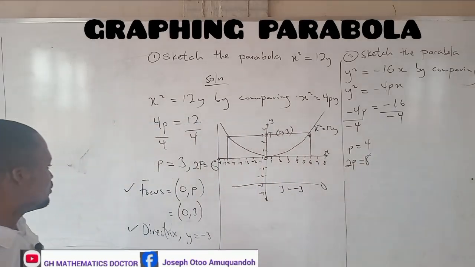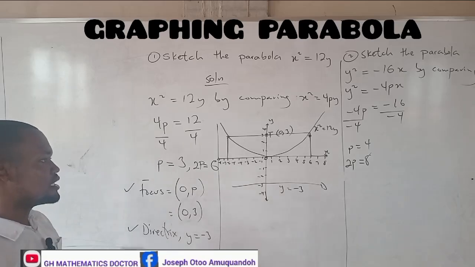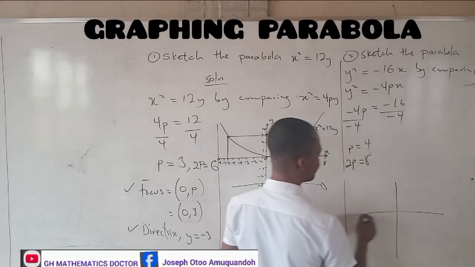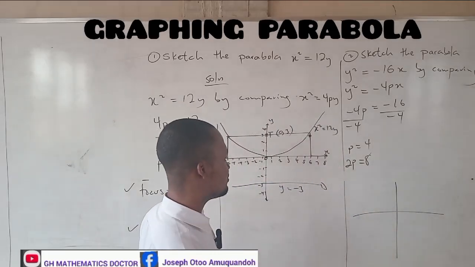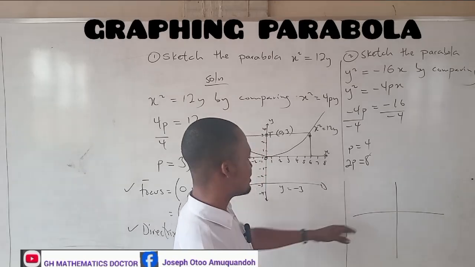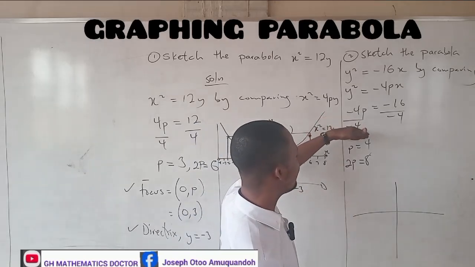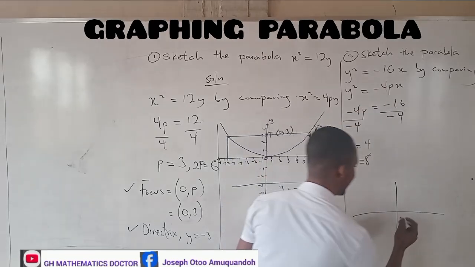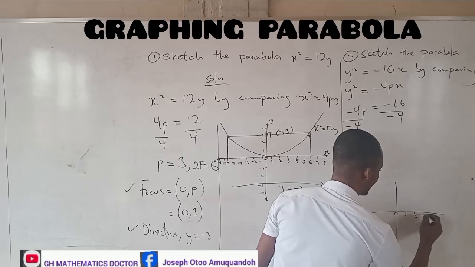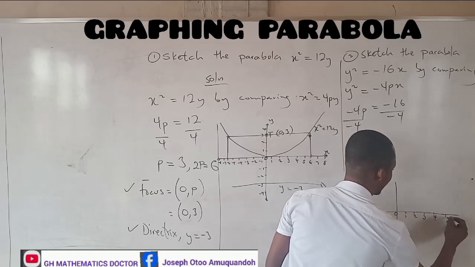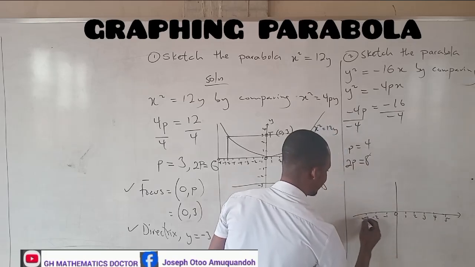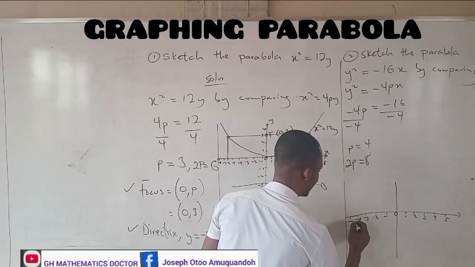Alright, now we need to know the focus and the directrix. But before that, let's do the sketch. So we put this into a sketch. Let's have some labeling on the axes. Over here, we need p to be on the x-axis. So we have 0, 1, 2, 3, 4, 5, negative 1, negative 2, negative 3, negative 4, negative 5.